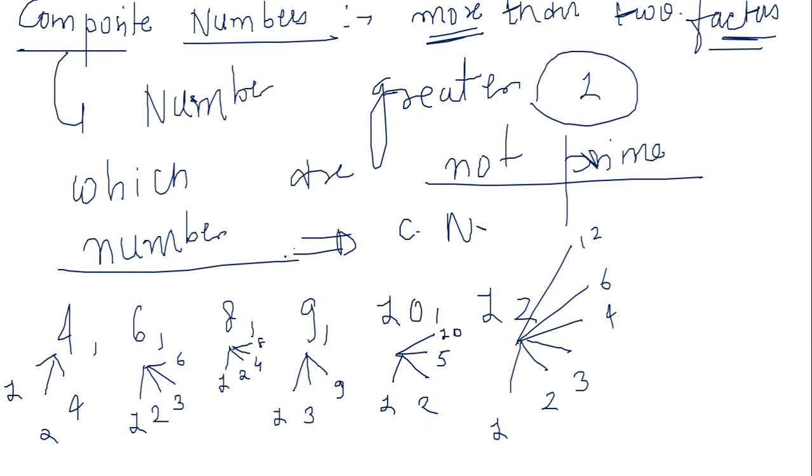This definition makes you understand the whole thing, that they should have factors more than 2. If factors are more than 2, it means it is not a prime number. Also a number which has more than 2 factors is not the number 1, so it should be greater than 1. So composite numbers can be clearly defined as the numbers which have more than 2 factors. Okay, so this was all about some of the concepts.